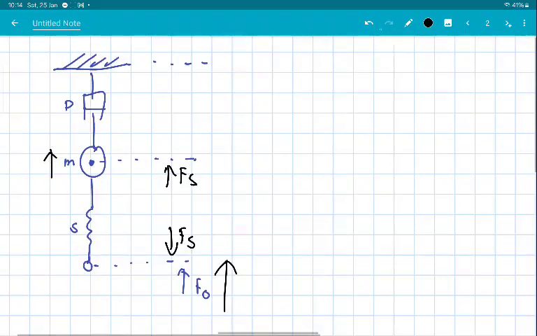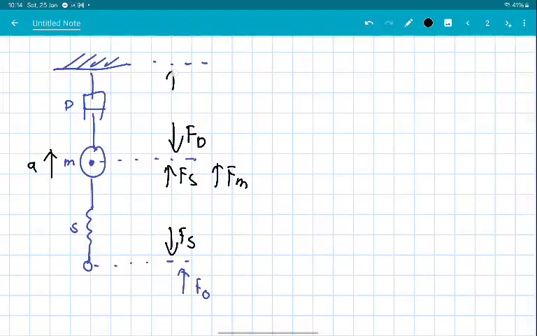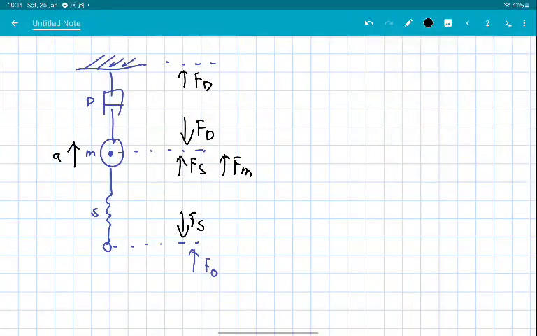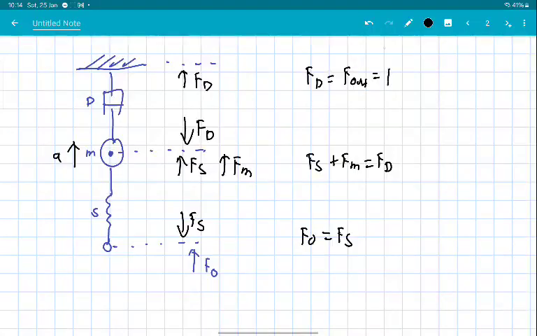If it's A, we know that Fm follows the direction of acceleration, and therefore the damper opposes the direction, and we say this is Fd. So in our first line of action, we say that F0 equals Fs, Fs plus Fm equals Fd, Fd equals F out, which is equal to 0.